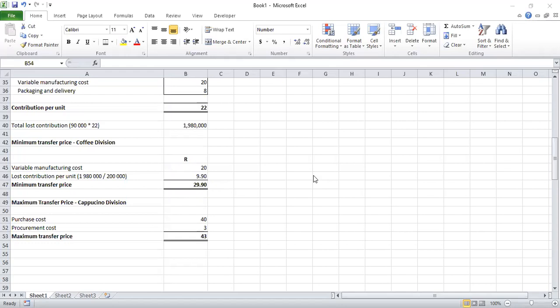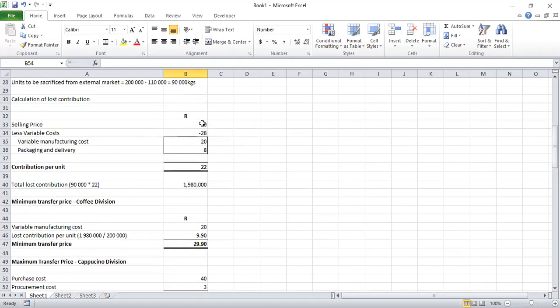They were selling outside at, instead of selling at 50, they had their own market whereby they were selling at 90. Is that right? So it can be beneficial for the coffee division to continue selling to their market for 90, whilst the cappuccino division buys at what? At 40.